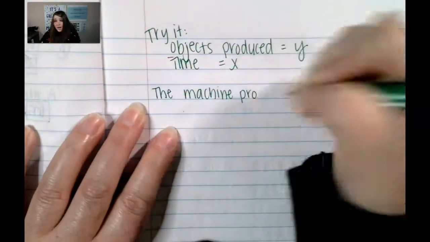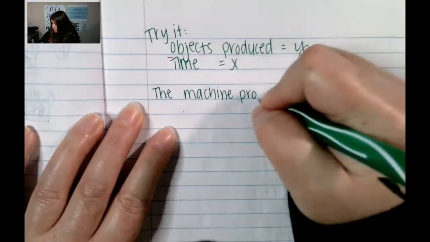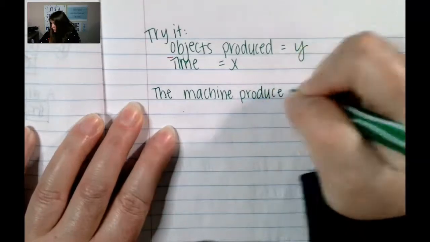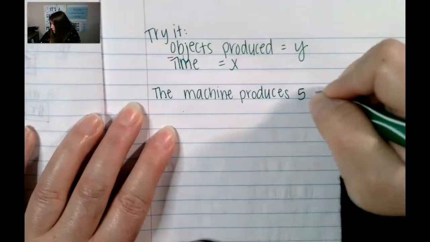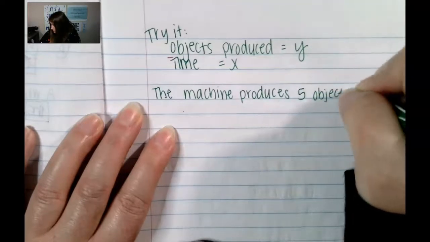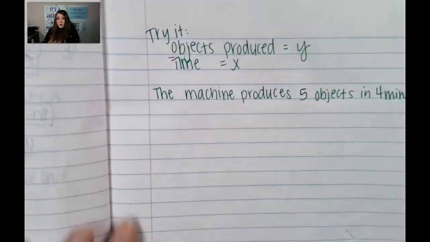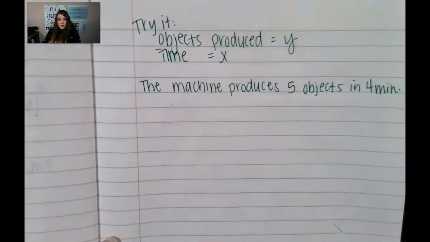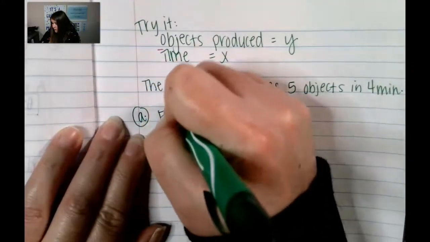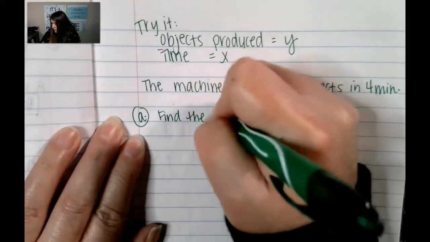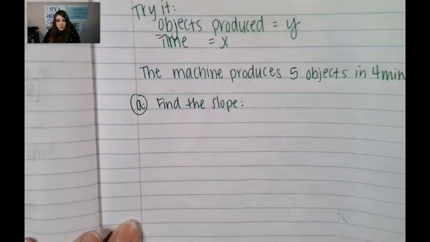So our job is to find the proportional rate or the constant of proportionality. The machine produces 5 objects in 4 minutes. Okay, so we need to find the constant of proportionality. So that's part A. Find the slope and write an equation.